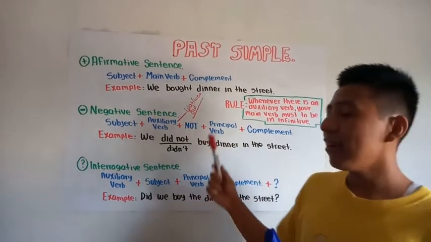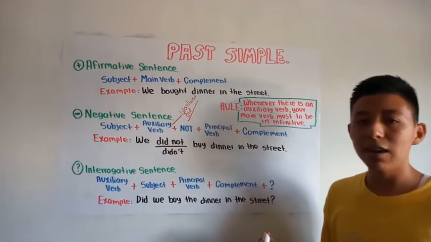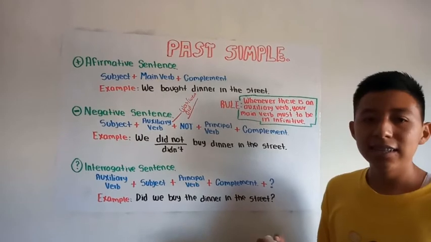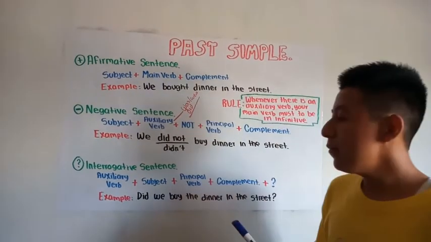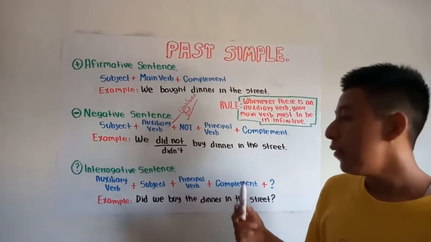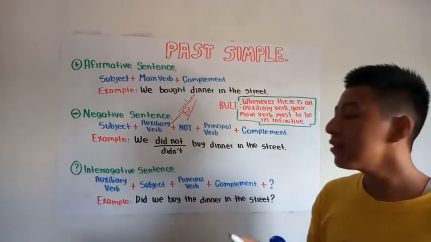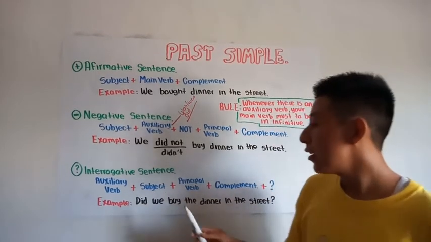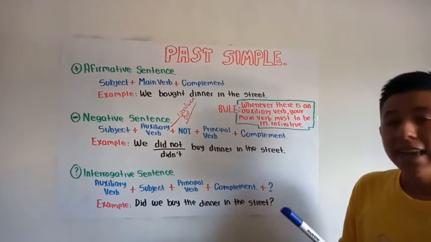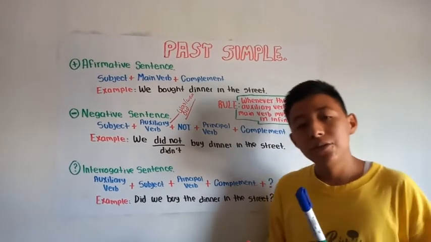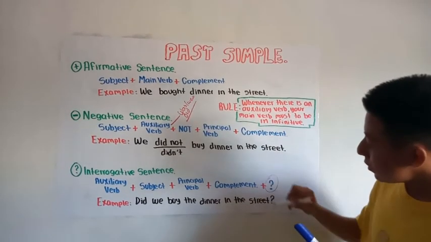And the other sentence is the interrogative sentence. It's a question, but in English, they consider it a sentence. In this interrogative sentence, you have to put first your auxiliary verb, remember, was, were, or did, your subject, your principal verb, and your complement, and you mustn't forget the question mark.